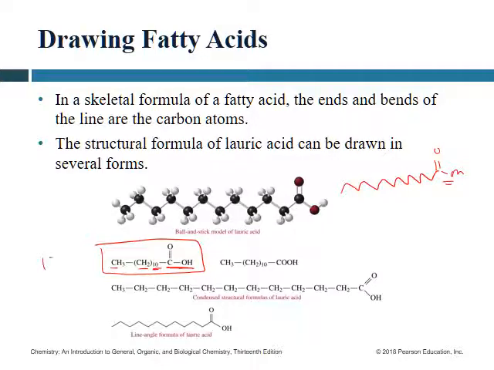So this is a 12-carbon fatty acid. And you can draw the same fatty acid like this. This is the line angle formula for a fatty acid. We already talked about the condensed structure and line angle formula in the organic chemistry part.